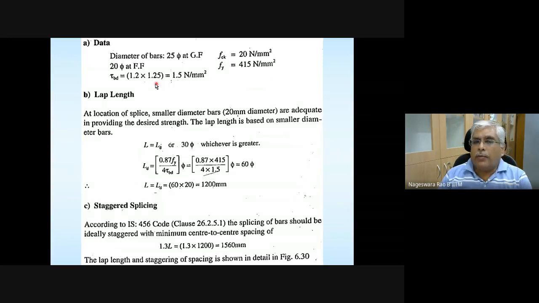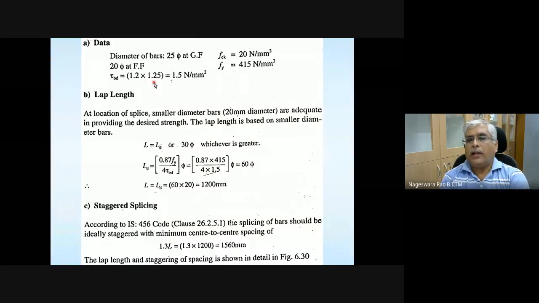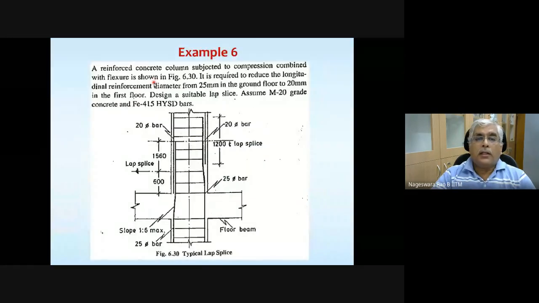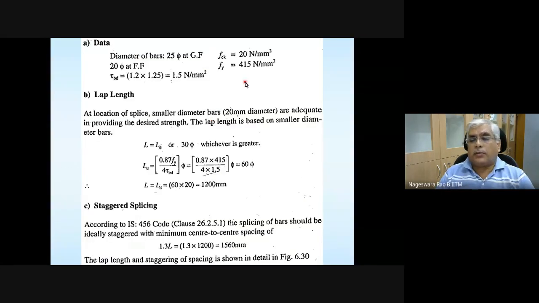So accordingly, tau BD is calculated. Tau BD is enhanced by 25%. Okay. Actually, here there is a small mistake in the sense the enhancement for the HYSD bars is not included. You can rework it out. Okay.